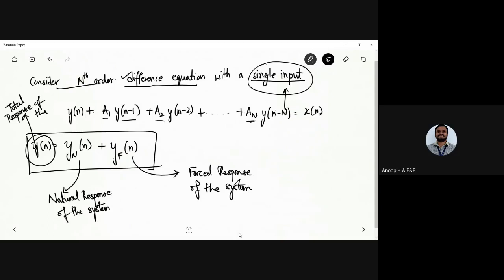Hope you are clear with the terminologies I'm using right now. yN of n plus yF of n gives rise to the total response of the system.